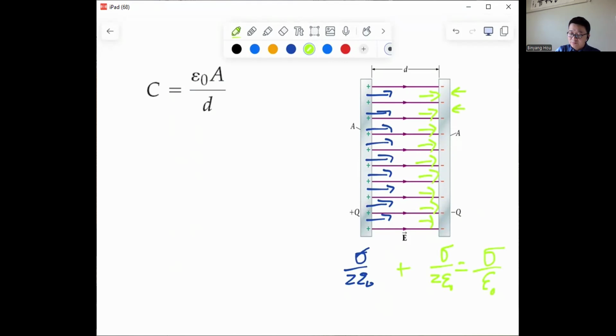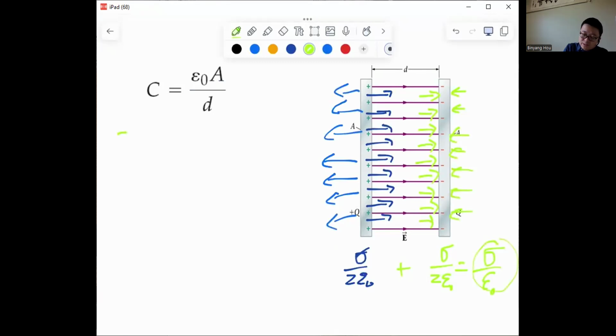Outside the two plates, each one has just 1/2 of that, so 1/2 outside, but inside is twice. So the E field inside equals sigma over epsilon naught.